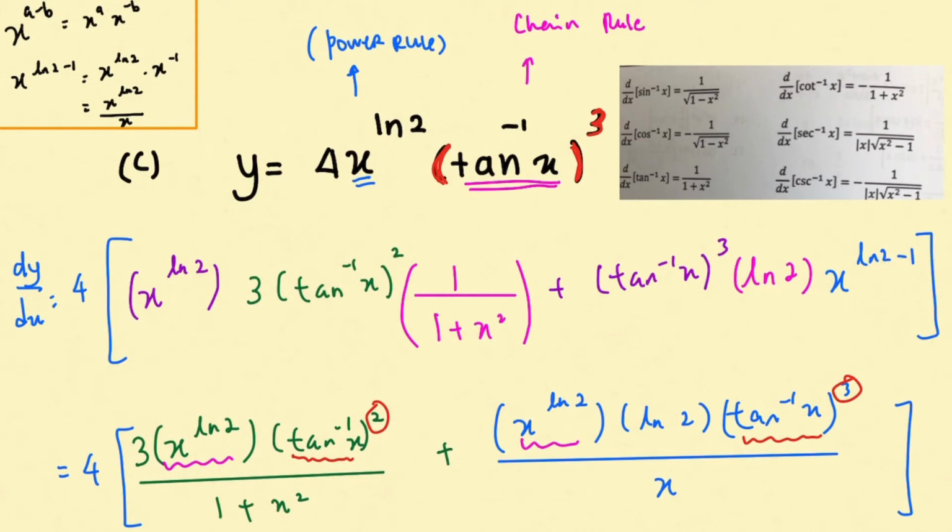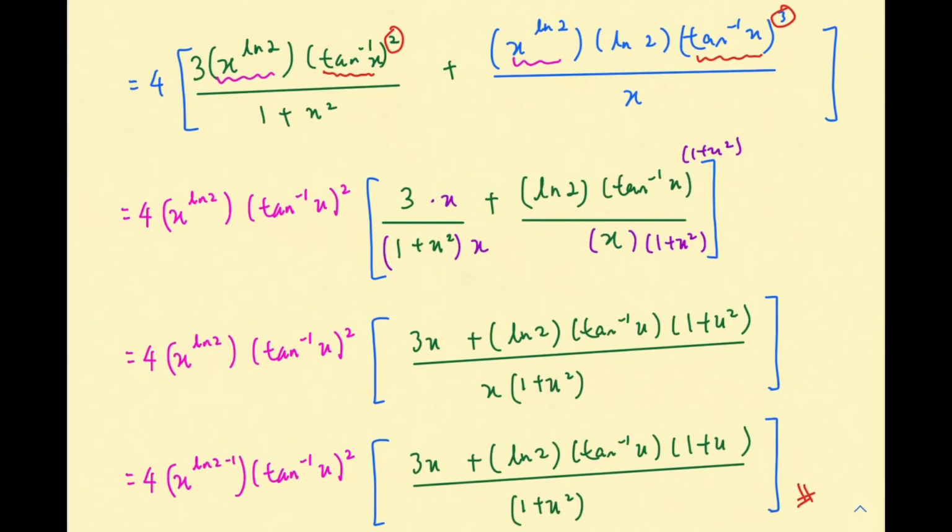So now let's simplify our answer here. So this is just 3 times x to the power of ln 2, and we have inverse tangent squared over your denominator, 1 plus x squared, plus, and then let's rearrange, put this term here, multiply by ln 2, multiply by this function here over x. So you can see here that you have a common term.